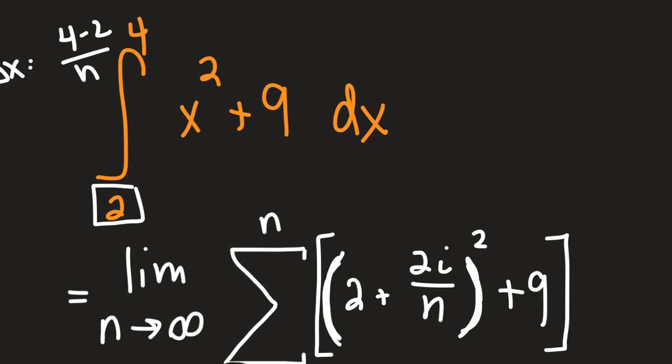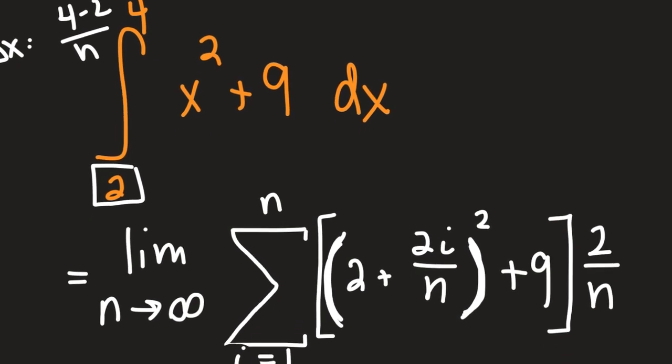That tells us what the height of our rectangle is. And then we're going to multiply it by 2 over n, which is the width of all of our rectangles. We're taking our total interval of 2 units, and we're dividing it into smaller and smaller sections. Okay? Maybe not too bad.